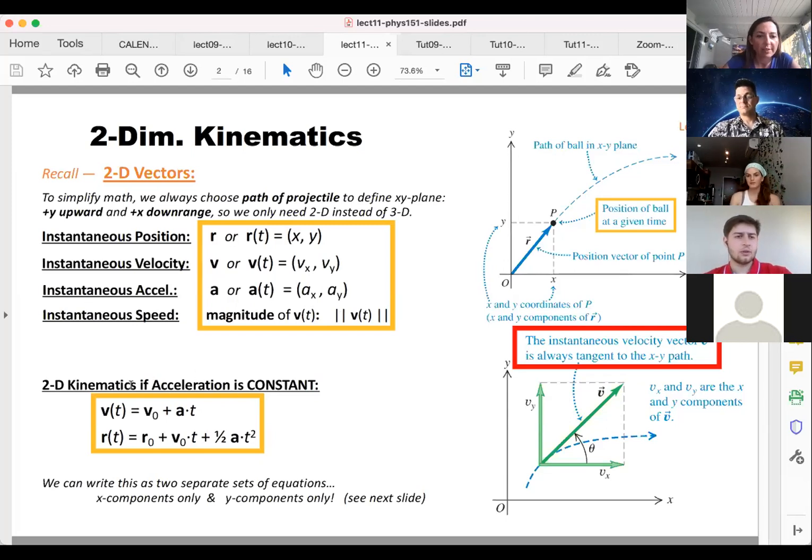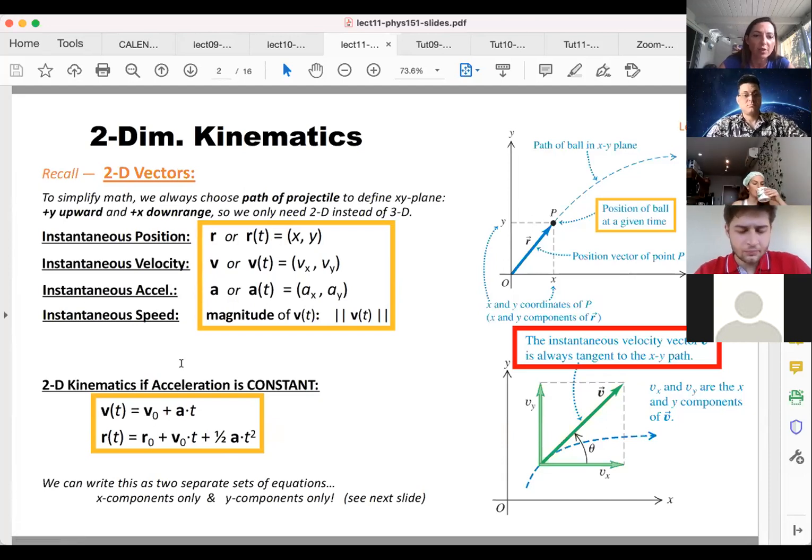If the acceleration is constant, the velocity is equal to V naught, the initial velocity, plus at, while the position r(t) versus time is equal to the initial position plus V naught t plus 1/2 a t squared. Those are exactly the same equations that you saw in our previous classes. The only difference is that we are speaking about vectors, so you are going to have components along X and components along Y.